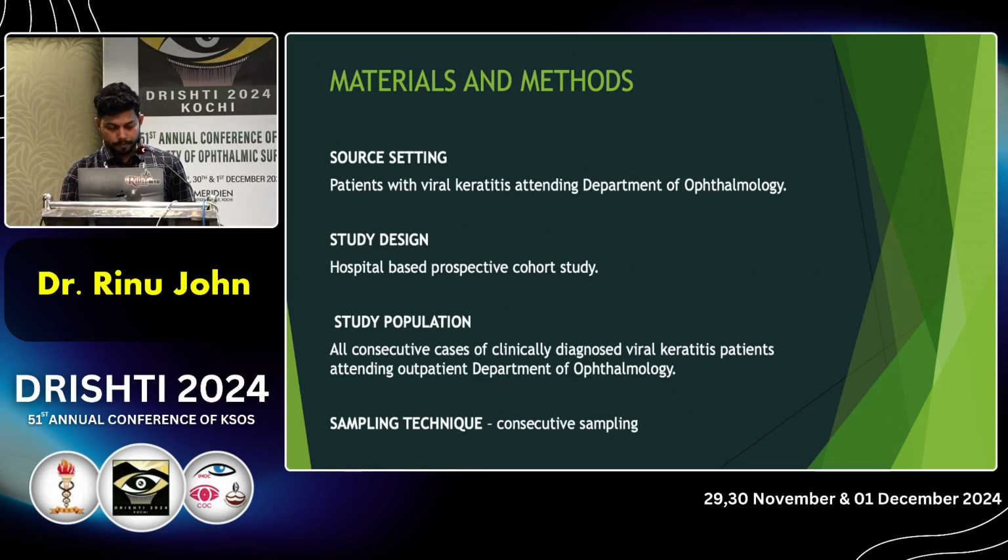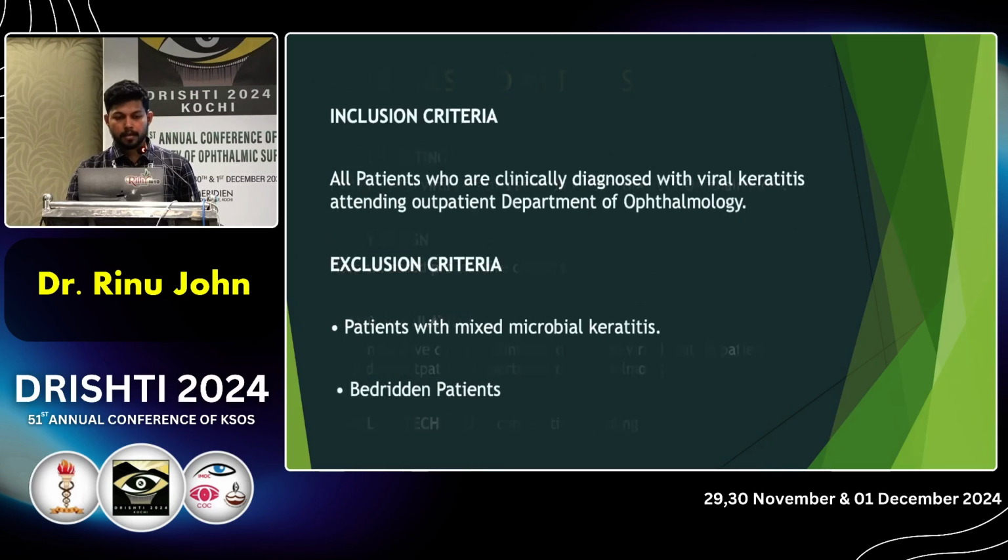Study population: all consecutive cases of clinically diagnosed viral keratitis patients attending the outpatient Department of Ophthalmology. Sampling technique was consecutive sampling. Inclusion criteria are all patients clinically diagnosed with viral keratitis attending outpatient Department of Ophthalmology, and exclusion criteria are patients with mixed microbial keratitis and bedridden patients.